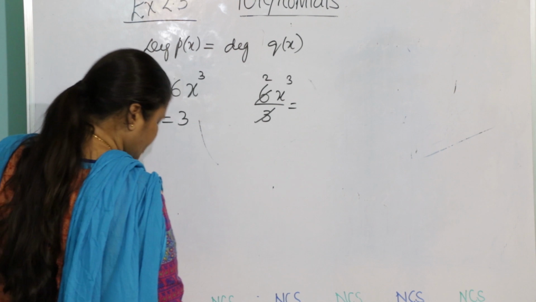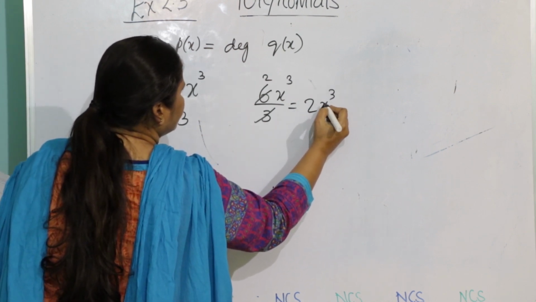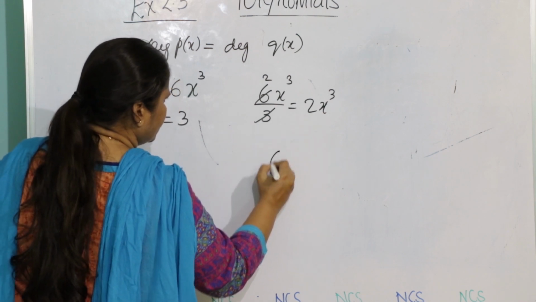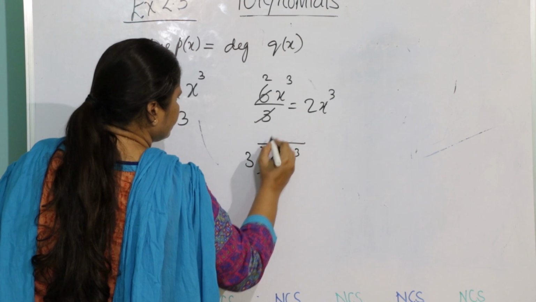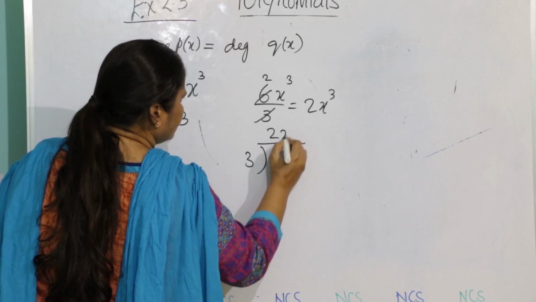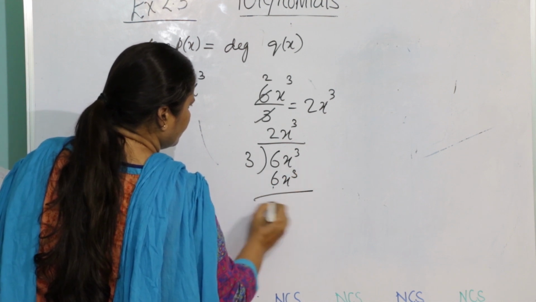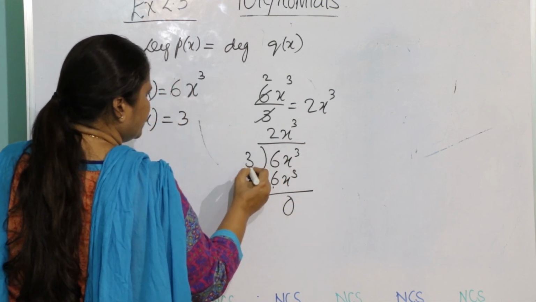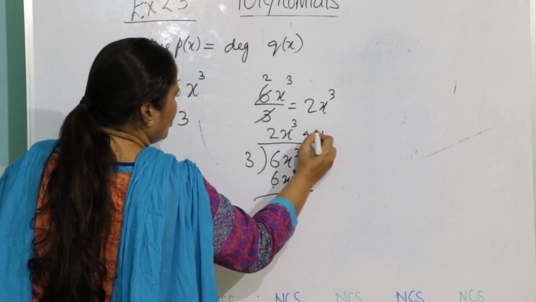So in the long division method, if you want to understand, this is 2x cube, which is our quotient. In long division, I will show you 6x cube divided by 3. 2x cube will give us 6x cube. 0. So now what is this? We get 2x cube, this is our q of x.